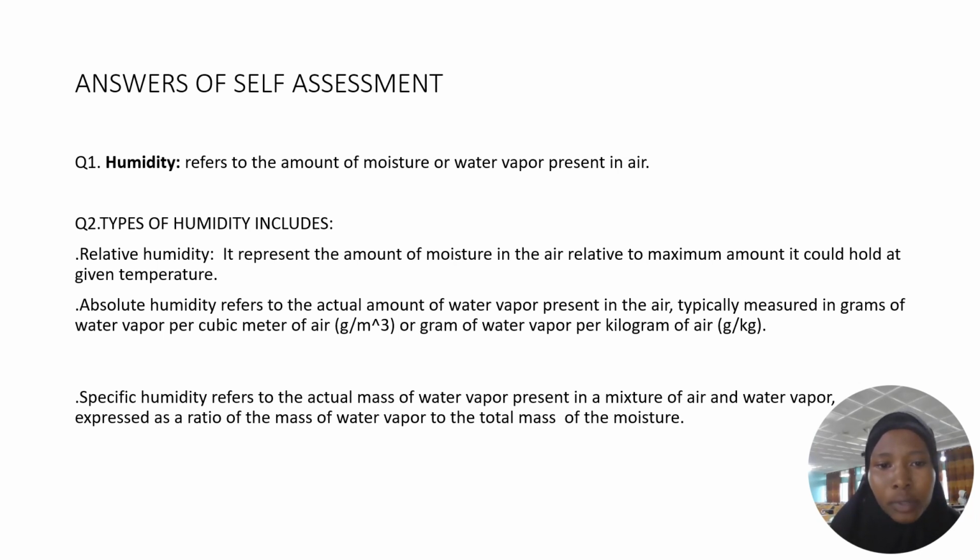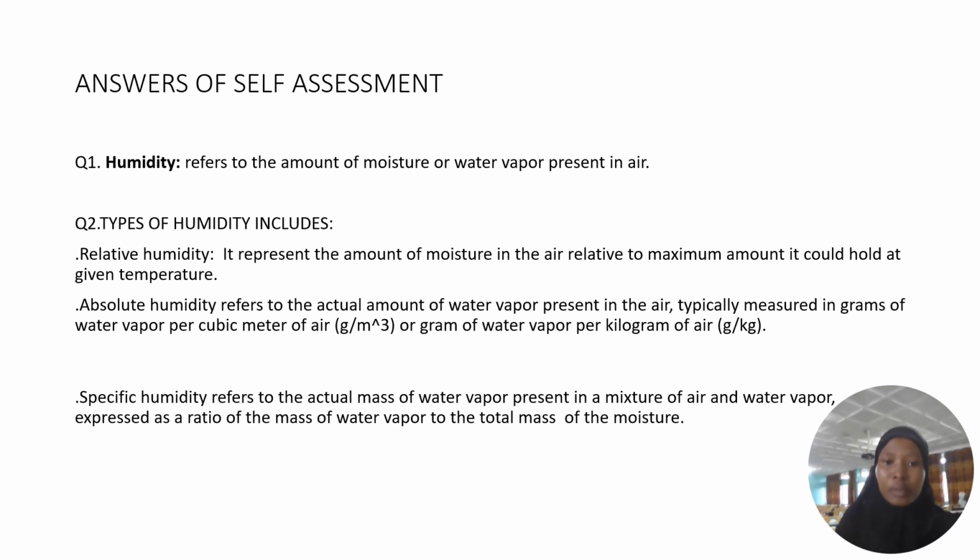Another type is absolute humidity. This type of humidity refers to the actual amount of water vapor present in the air, typically measured in grams of water per cubic centimeter or grams of water per kilogram of air. The third type of humidity is specific humidity.